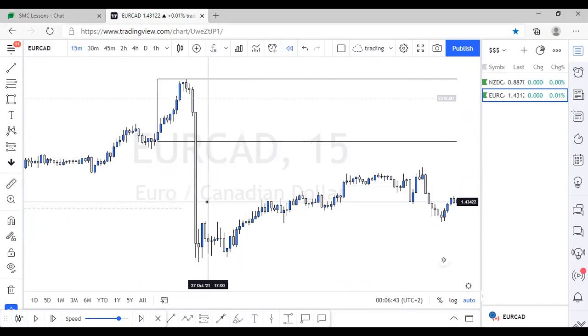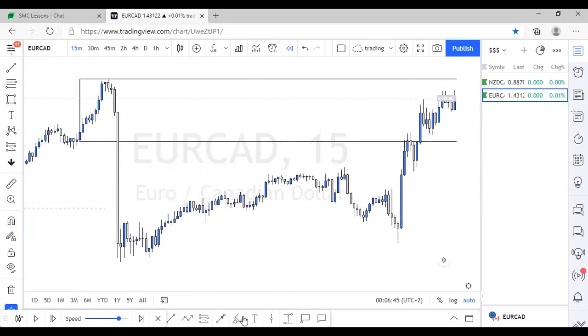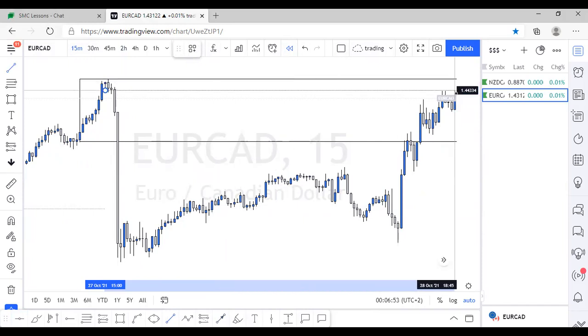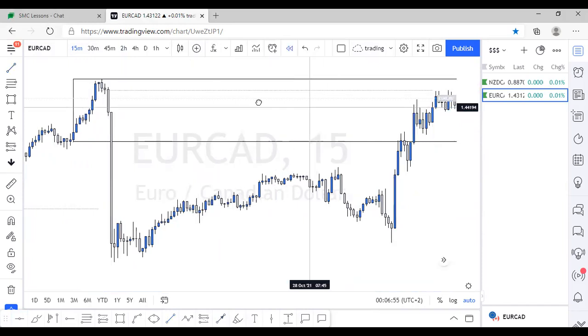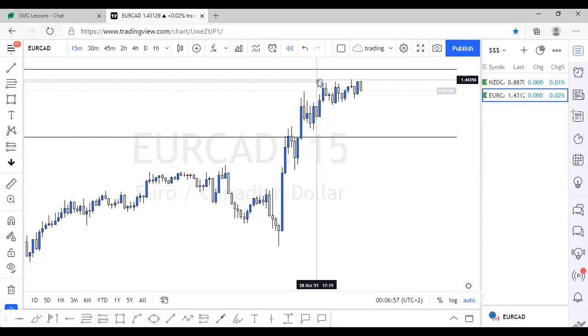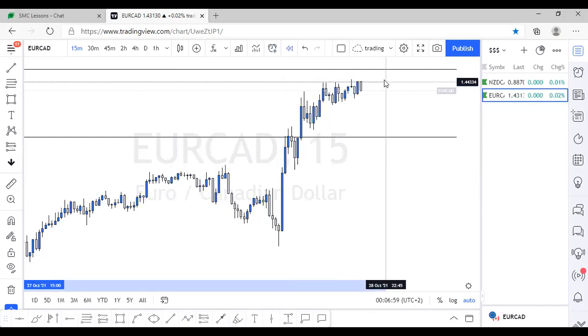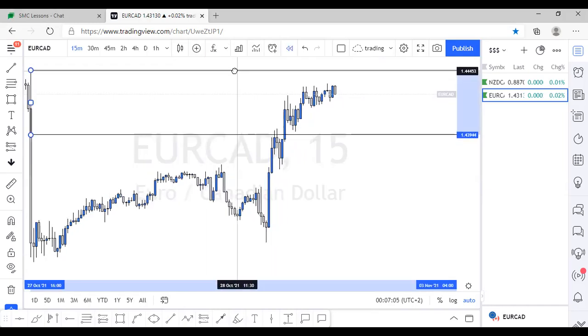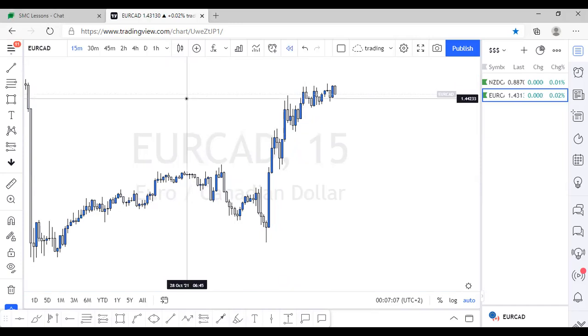When you get to the lower time frame, you can see that, okay, we have what? We have this order block, isn't it? This last up candle here. Okay, let me cancel this thing and actually let me delete this one also.